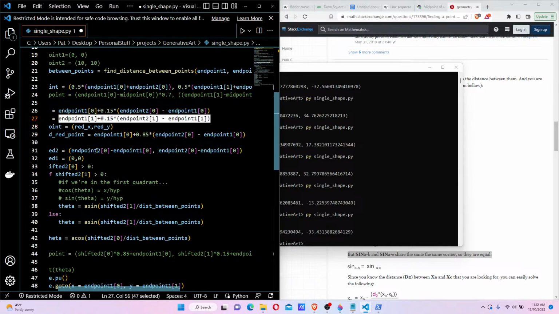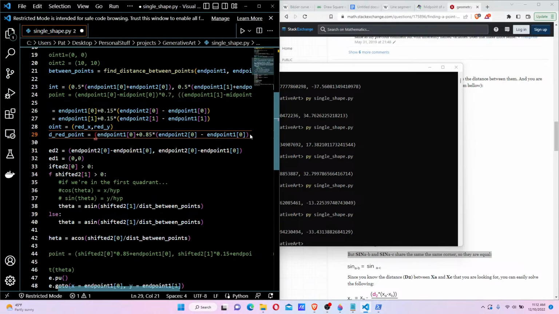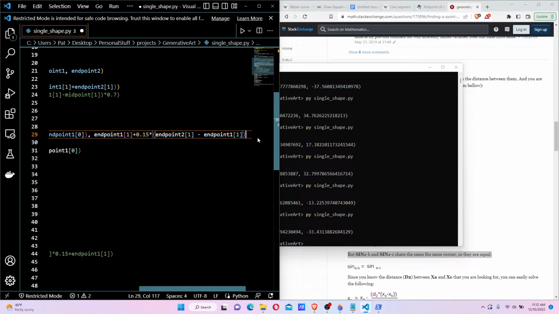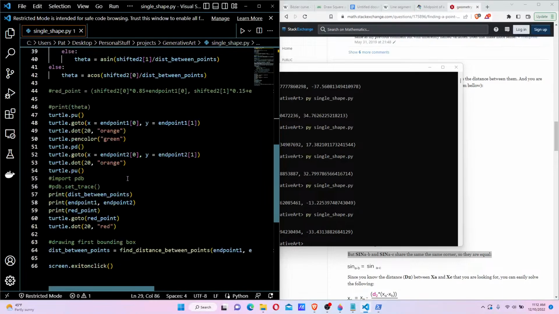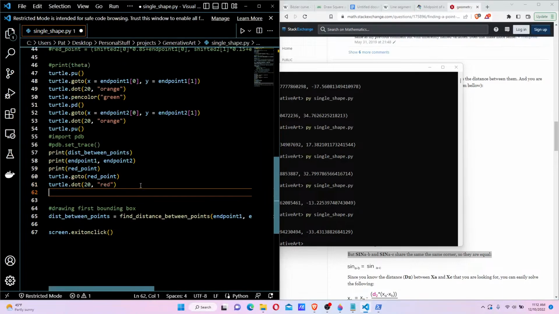Get that, put it inside of a tuple, and 0.85. Okay. Now, second red point.